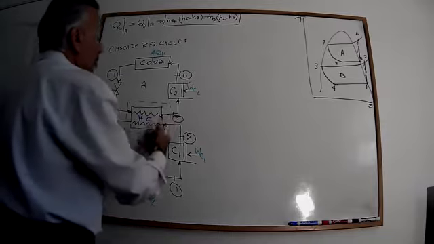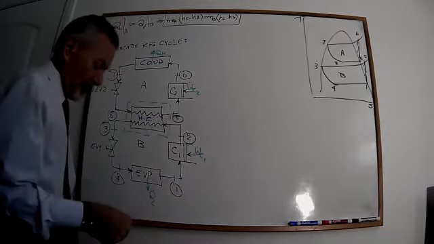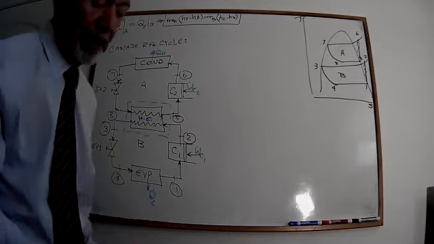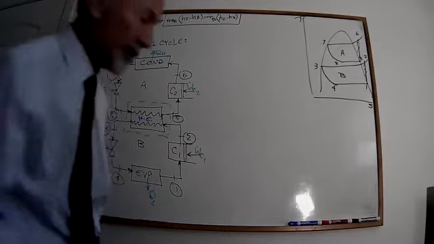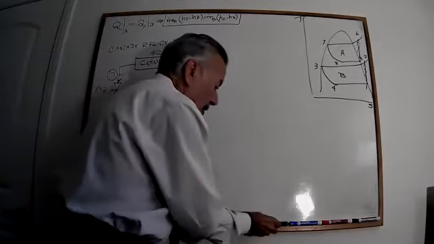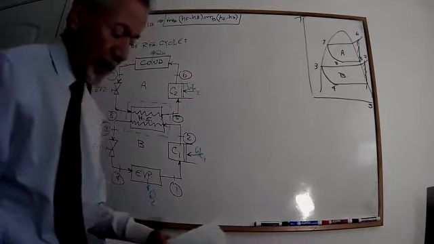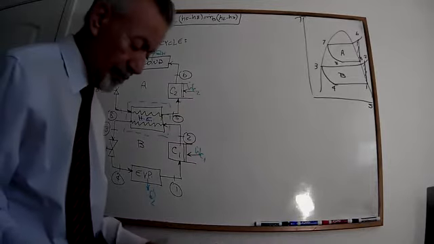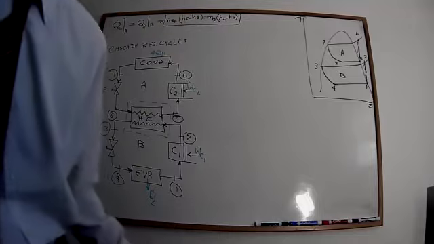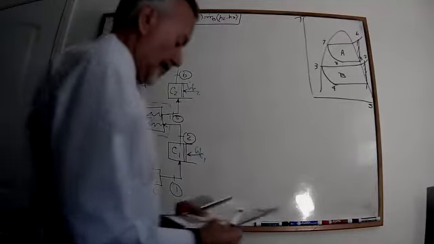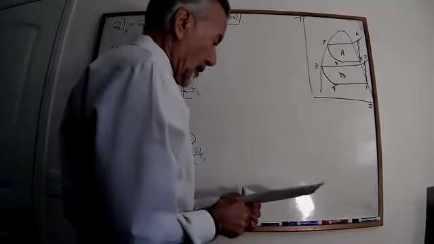So now, let's see if we can improve the efficiency, or I mean not the efficiency, the coefficient of performance of our cycle. Any question before I do the example? All right. Let's see.